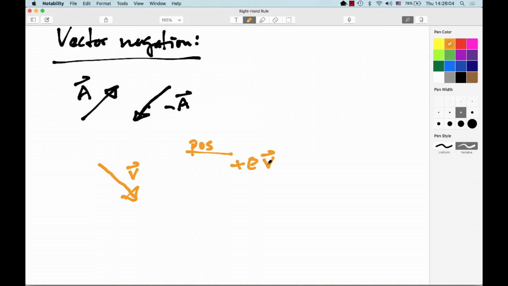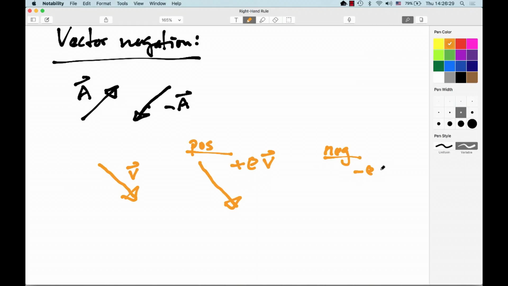Well, if I multiply a vector by a positive scalar, I will get another vector that points in the same direction. It won't necessarily have the same length, and in fact, because the units are different, comparison of the lengths is meaningless here.